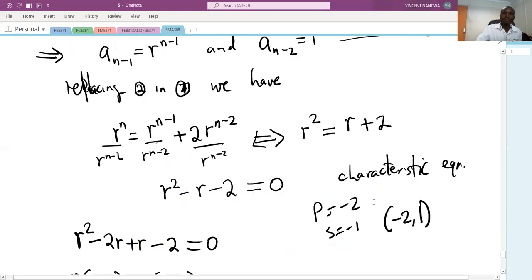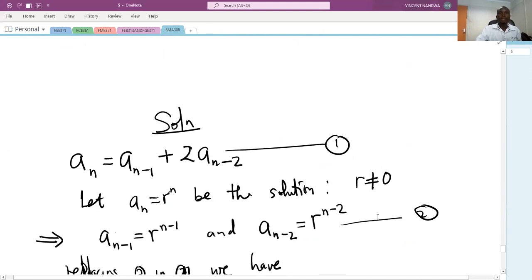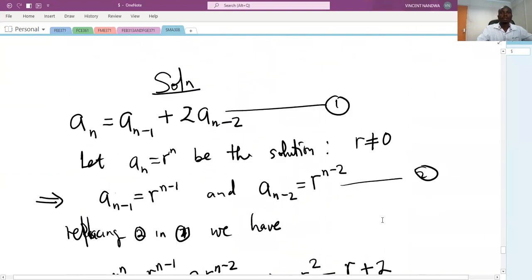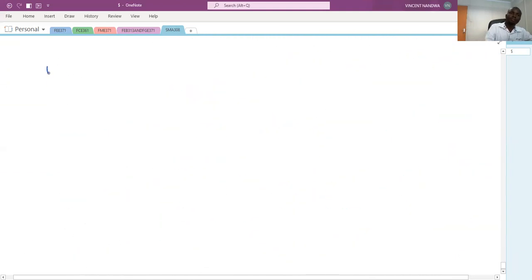Part B, we have a_n equals 6a_{n-1} minus 9a_{n-2}.